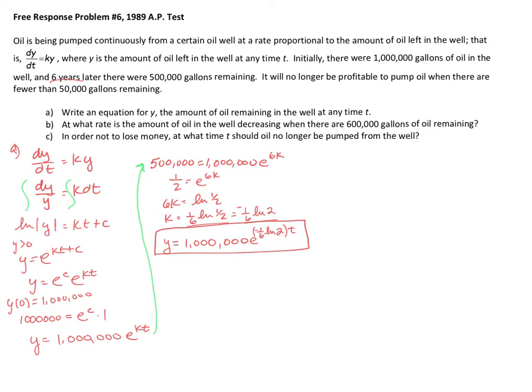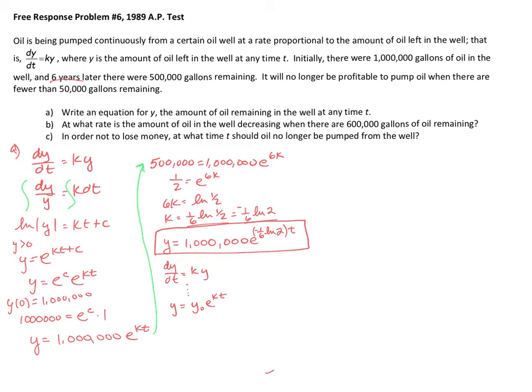Now, one little sidelight here. If you were taking an AP test, you do not have to do all of this work. For example, you should know that if you start with dy/dt equals ky, it's going to end up with y equals y sub 0 times e to the kt.